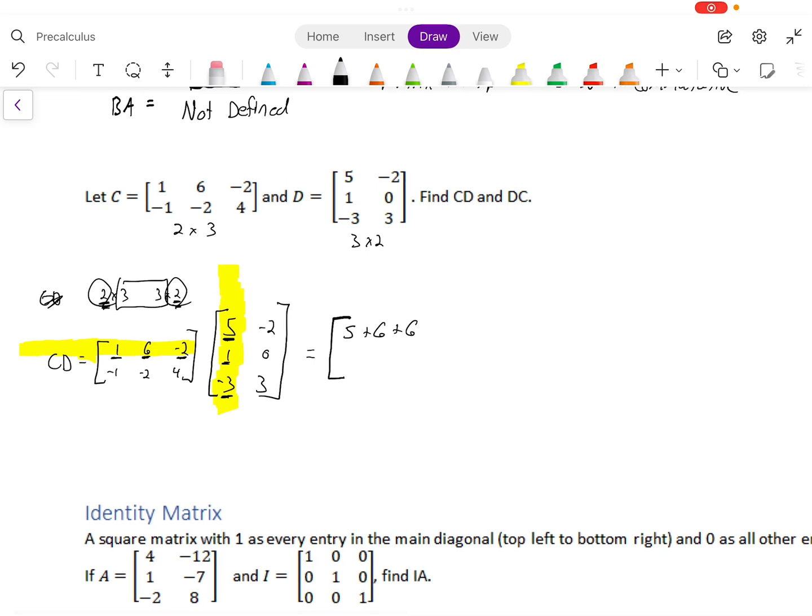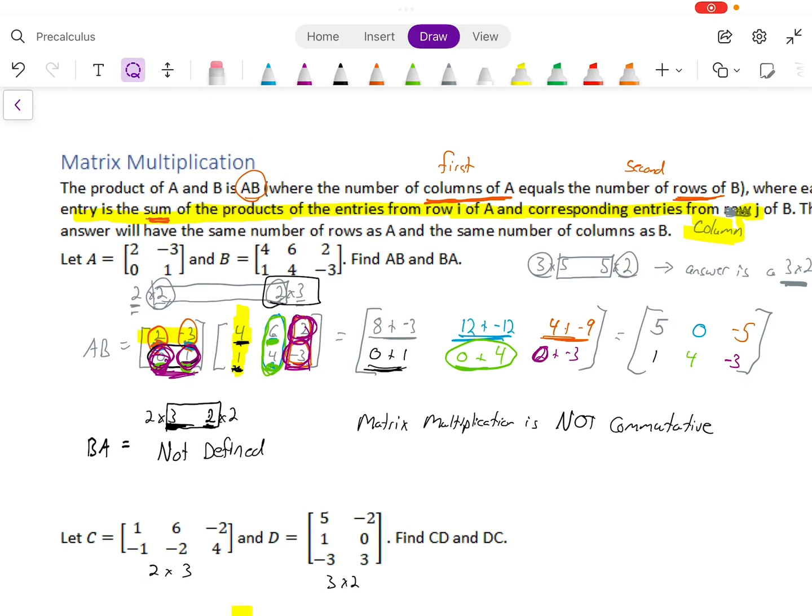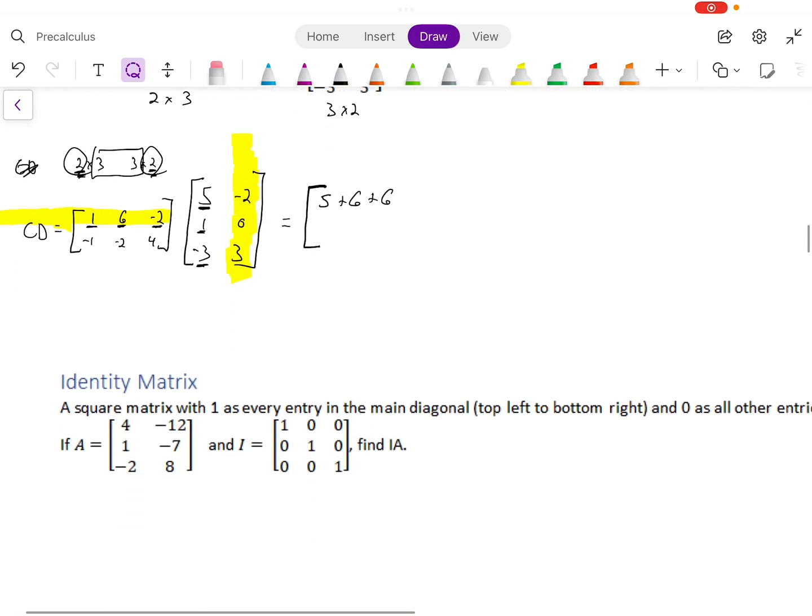Looks like I'm not going to be able to. Now yeah, there we go. Now I'm going to do first row with the second column. Well, this is going to be 1 times negative 2 is negative 2. 6 times 0 is 0. We're going to add negative 2 times 3 is negative 6.